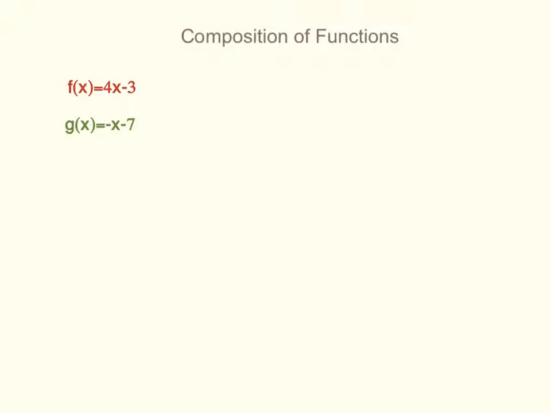So let's go ahead and evaluate what f of g of x is. Okay, we know that our f function is 4x minus 3. And again, what that means is whatever value you want for x, the rule says multiply it by 4 and then subtract 3. So we're just going to set it up, and I'm going to kind of break it down.